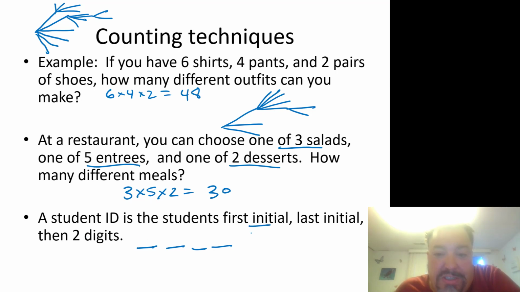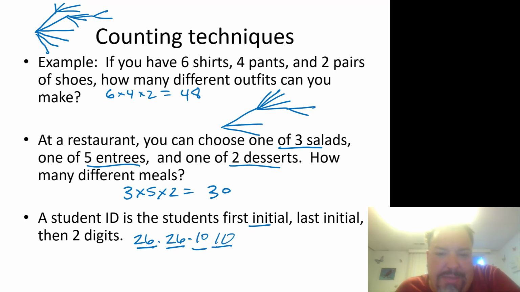Well, first initials are letters, so it's going to be 1 of 26. And then we could repeat, so maybe their first and last name start with the same letter. So we could have 26 ways of picking a last initial. And then how many digits do we have? So you might think it's 9, 1 through 9, but you're forgetting 0, so it's actually going to be 10.